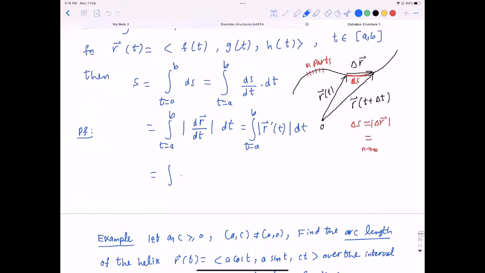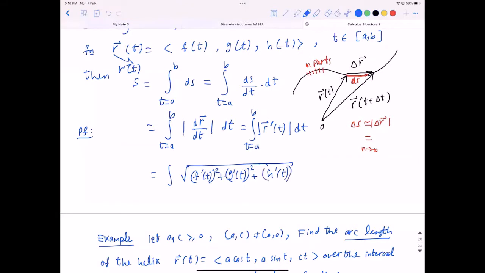This magnitude is written as f prime of t square plus g prime of t square, because this is the derivative. So you differentiate r of t to get f dash t, g dash t, h dash t, and so on, plus h prime of t square.